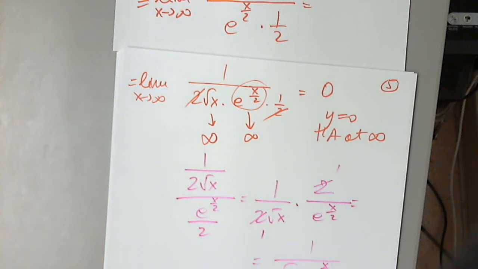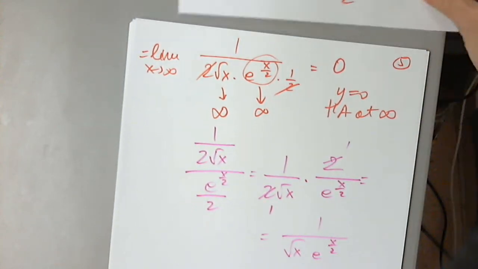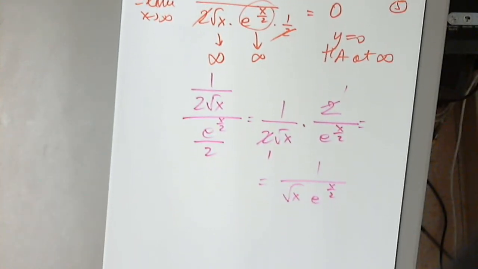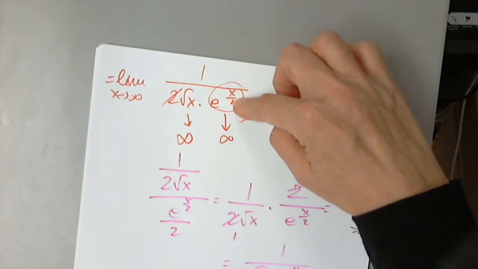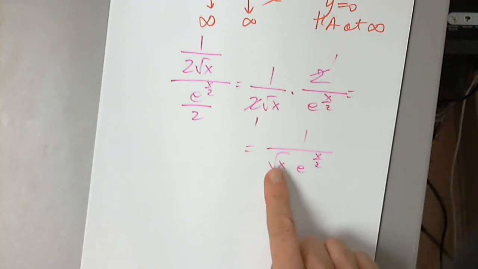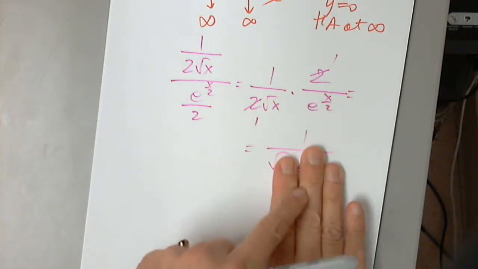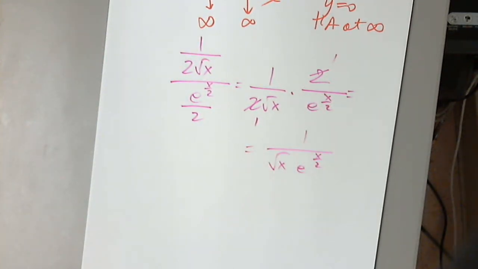Sorry, my apologies. I should have done that. So that's how we get this. 1 over the square root of x, e to x over 2. That's why these two approach infinity, and 1 over infinity approaches 0. Is that better? Perfect. Other questions from me here? Is this okay? Okay.